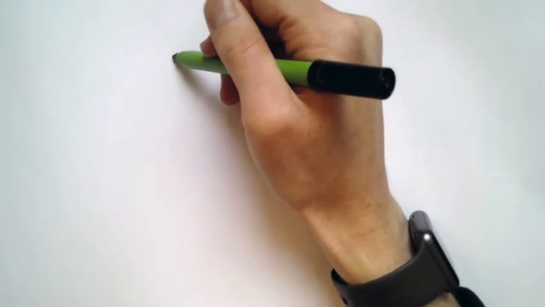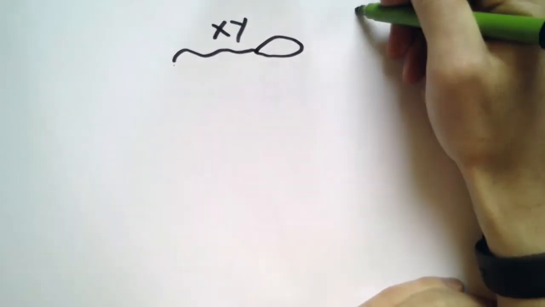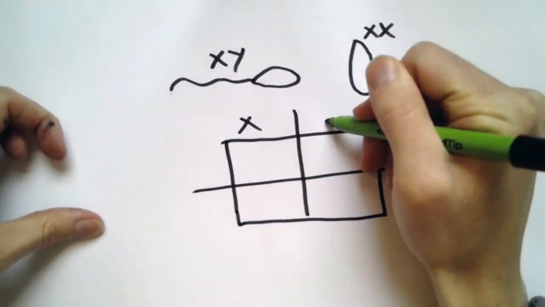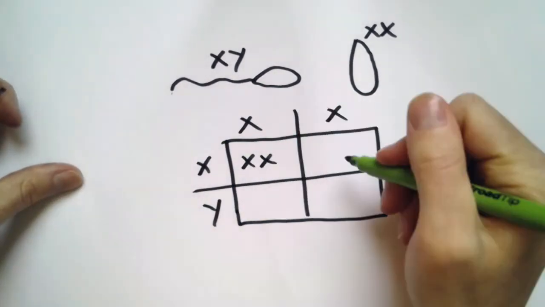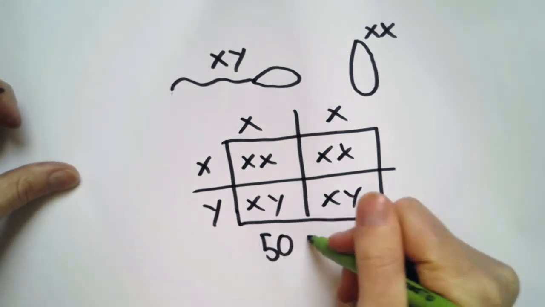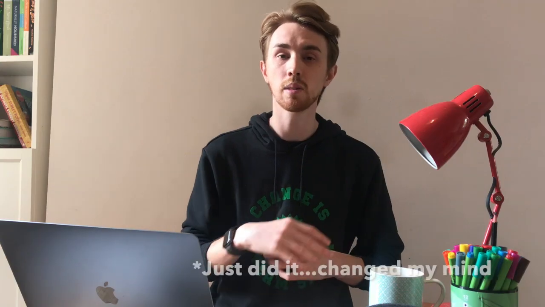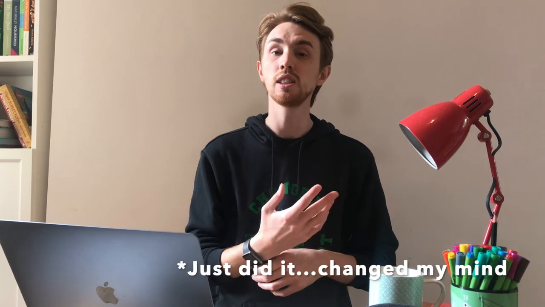And every sperm cell has that XY combination, every egg cell has that XX combination. And so when you combine an egg and a sperm together, you get a mix of XX and XY chromosomes. And when you fill in one of those genetic diagrams, which we'll do in just a minute, you see that you end up with a 50-50 chance of a boy or a girl.